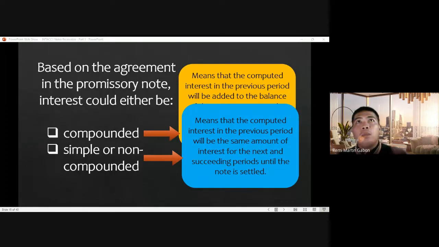So the interest computed today will still be the same interest computed in the next succeeding months or days or periods until the note is fully paid. So we can say if we're going to differentiate the interest under compounded or non-compounded, compounded every period hindi equal. Magkakaiba yung interest. But for simple or non-compounded, fixed. Okay? Fixed.